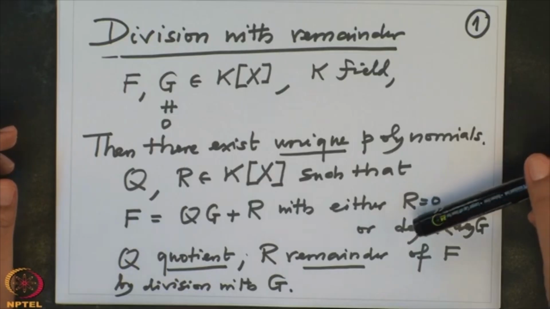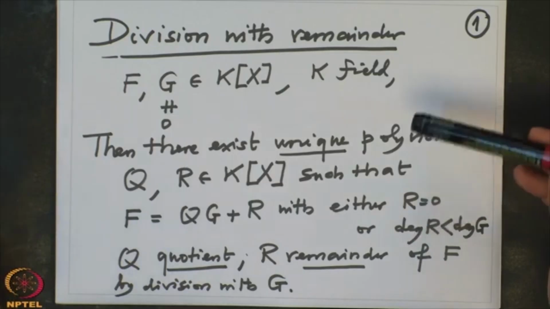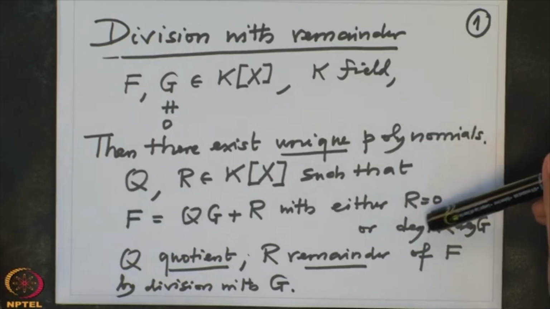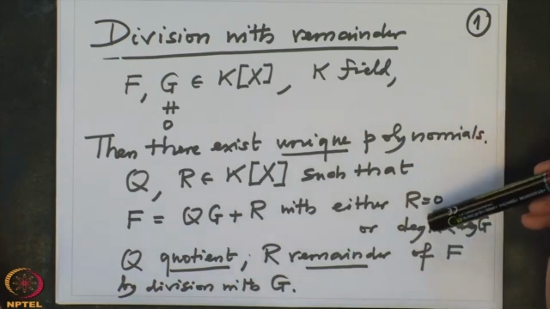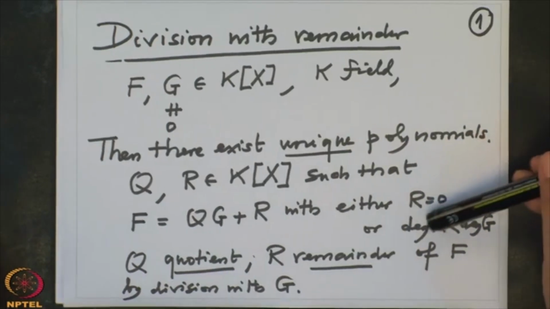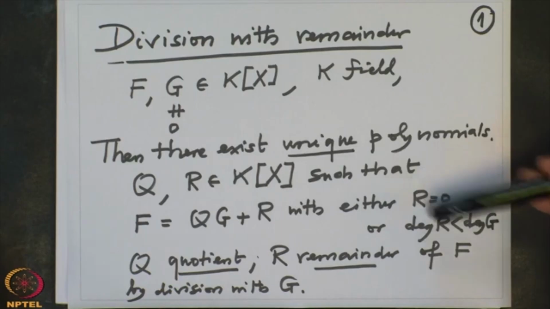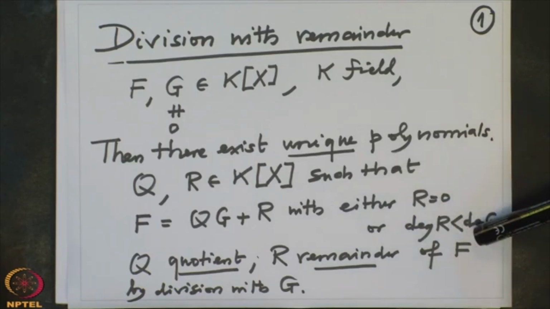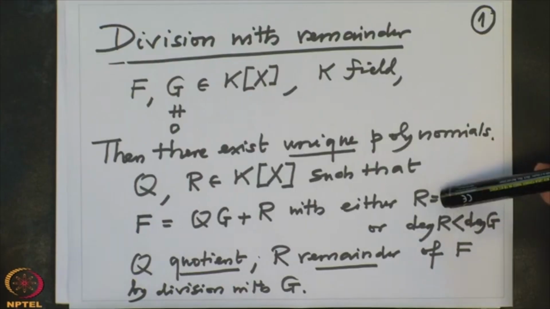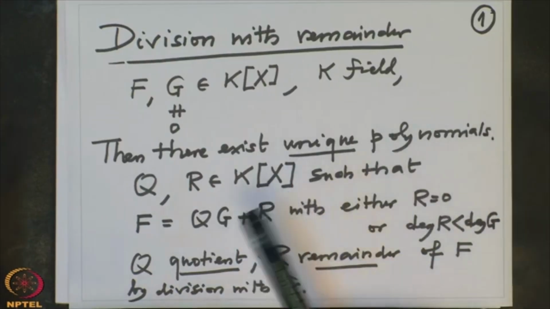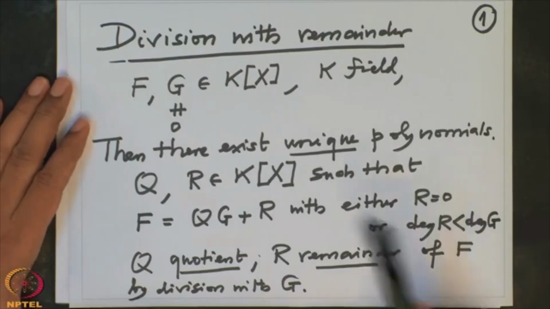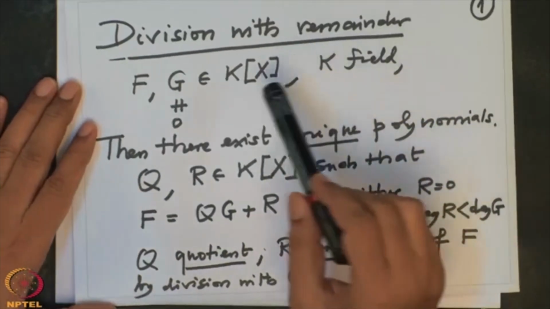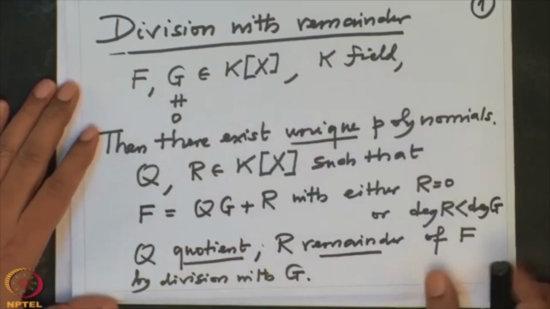The role of the degree is played by the modulus, the magnitude of the natural number. So either the remainder is less than the divisor or it is 0. This is a similar thing we want to prove, but for polynomials instead of integers. And as you will see, the proof is very easy. So let me indicate the proof.